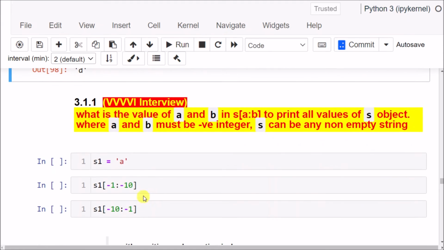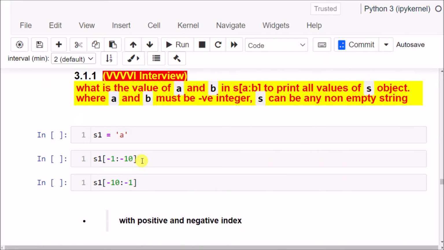And here there is one interview question. Okay, and this is an advanced type of question. What is the value of a and b in S[a:b] form to print all values of S object? Okay, where a and b must be negative integers and S can be any non-empty string.